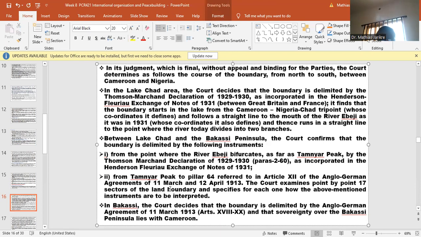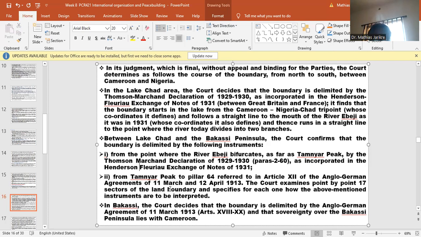Two, from Mount Kombon to Pillar 64, referred to in Article 12 of the Anglo-German Agreement of 11 March and 12 April 1913. The court examined point by point 17 sectors of the land boundary and specified for each one how the above-mentioned instruments are to be interpreted.